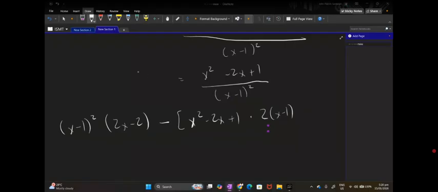Yung chain rule natin, di ba? So, generalized power rule, x minus 1 squared, lalabas natin si 2. So, it's 2 x minus 1 times yung derivative ng loob or 1. Kaya natin siya nakuha ito. Gets?